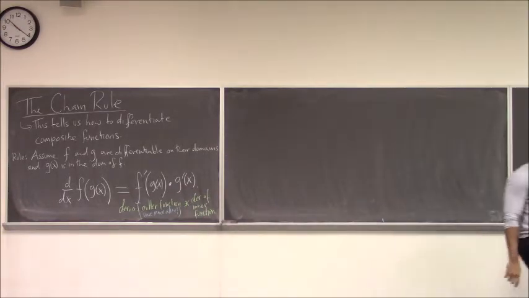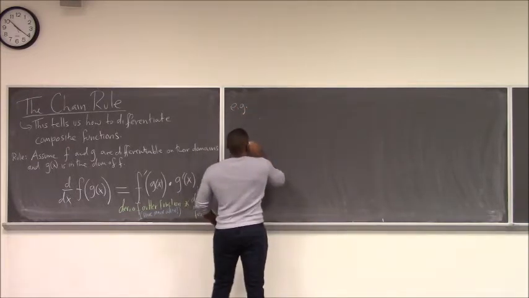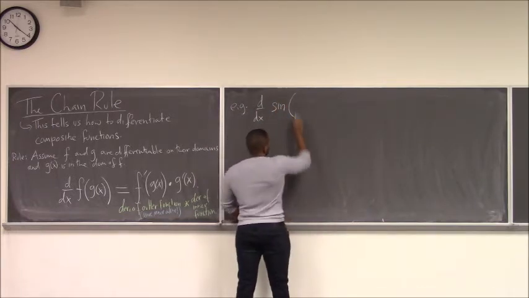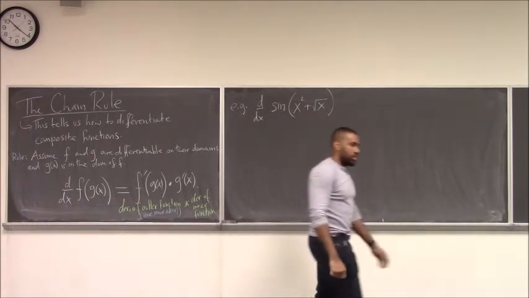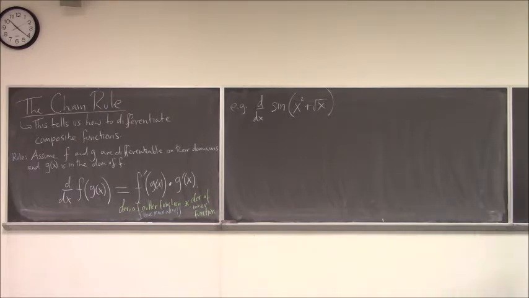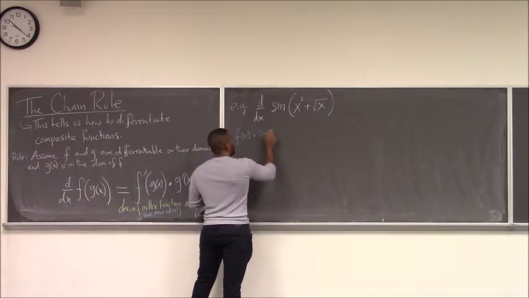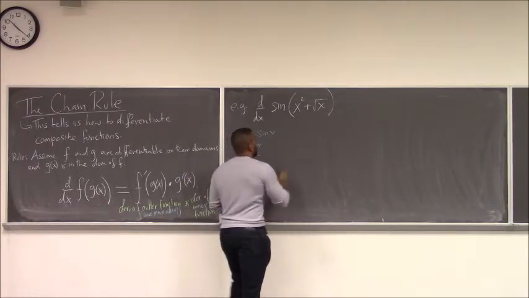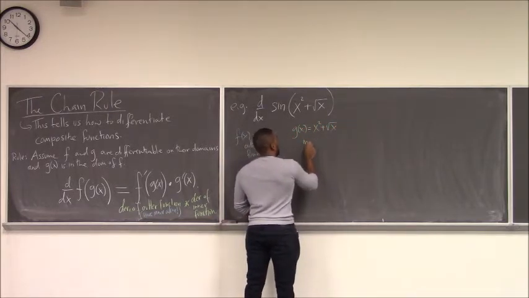So, for example, let's say we wanted to differentiate the sine of x squared plus radical x. Now, notice it's not just the sine of x, it's the sine of a function. So here, we can think of f of x equals sine x as the outer function, and g of x equals x squared plus radical x as your inner function.